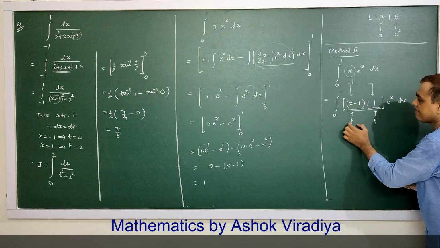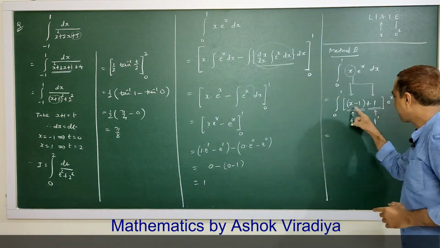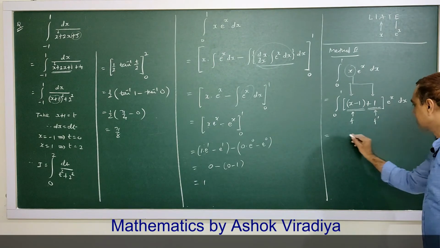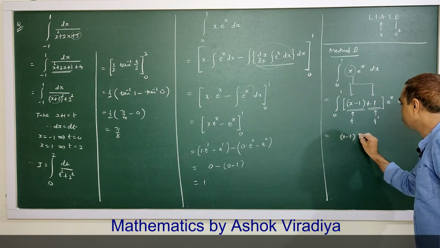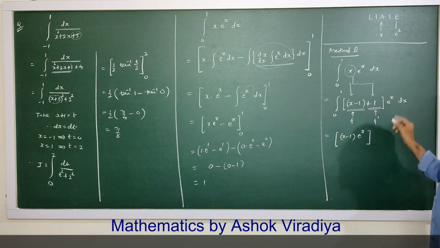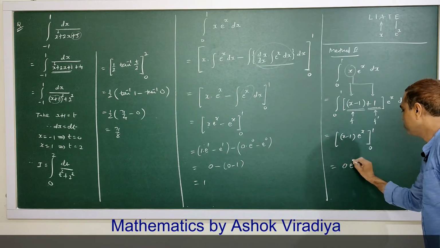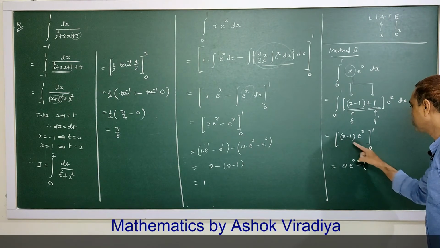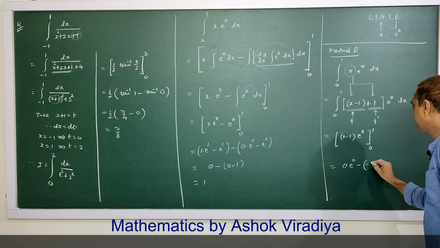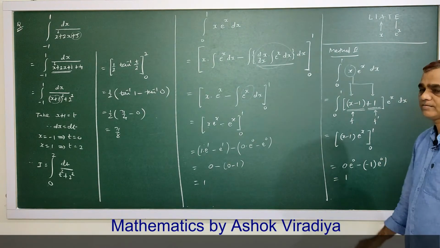One part is f, the other part is f dash, and we know the rule that the integral of f plus f dash times e raised to x is fx into e raised to x, 0 to 1. So putting the upper limit, 0 into e raised to 0, minus putting the lower limit, minus 1 into e raised to 0. So the value is 1.